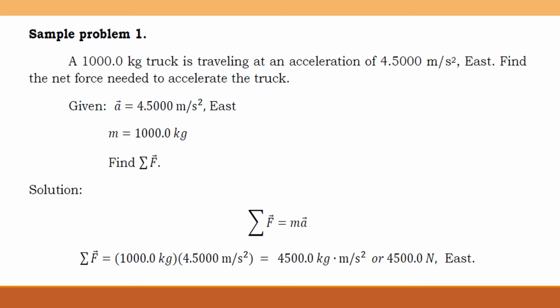So the summation of force is equal to, substituting now, the value of mass, 1,000 kilogram, times the acceleration, 4.5 meter per second squared. So 1,000 times 4.5 is equivalent to 4,500 kilogram meter per second squared, or you can write that as 4,500 N east. So this is now the answer for force, 4,500 newtons east.